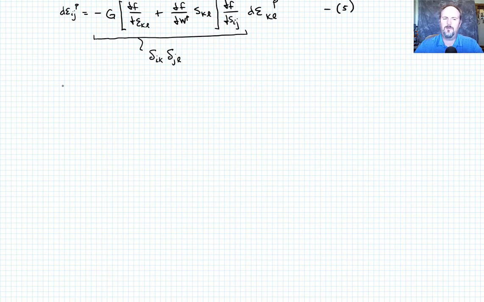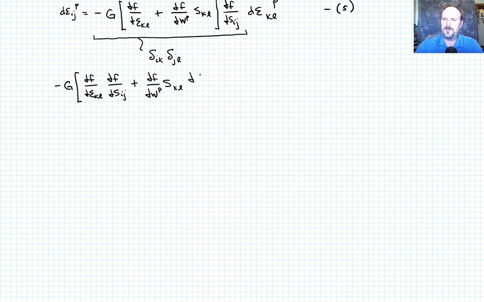Negative g times the quantity, partial of f with respect to epsilon kl, with the partial f with respect to S_ij brought inside, plus the partial of f with respect to the plastic work times S_kl times the partial of f with respect to S_ij. That quantity must be equal to delta ik delta jl in order for equation 5 to be true.